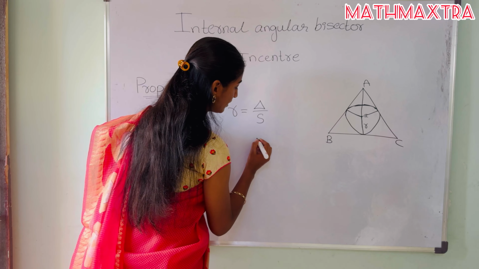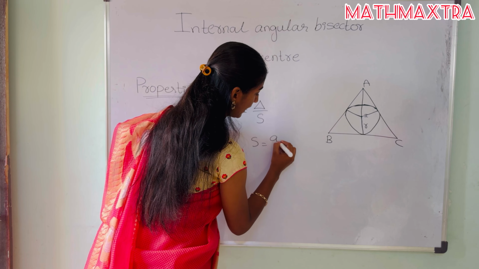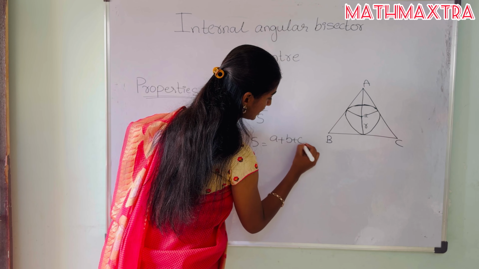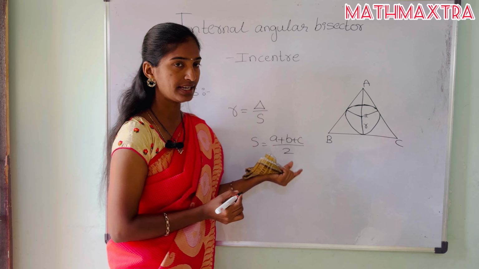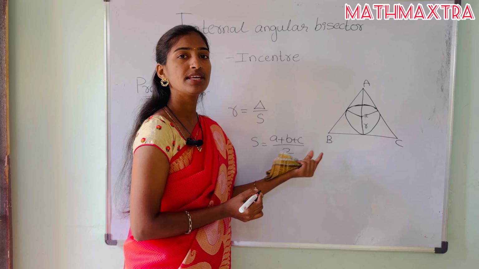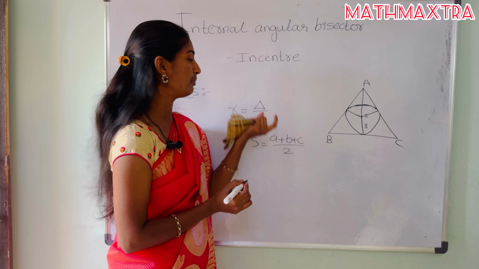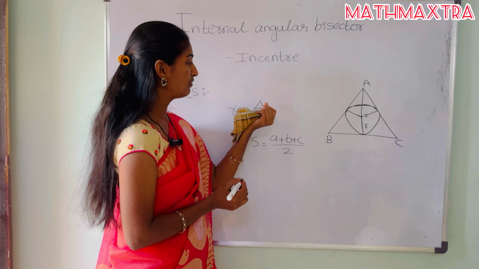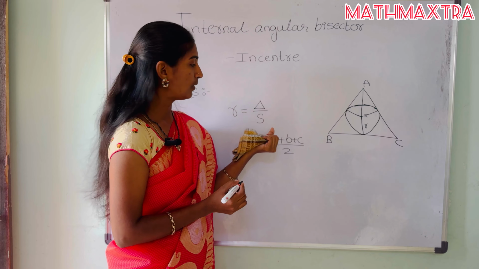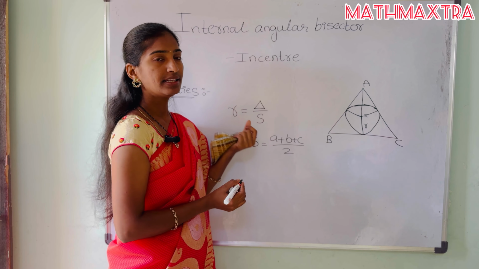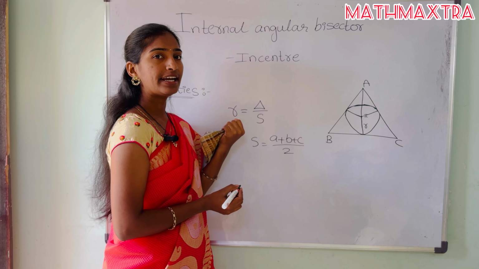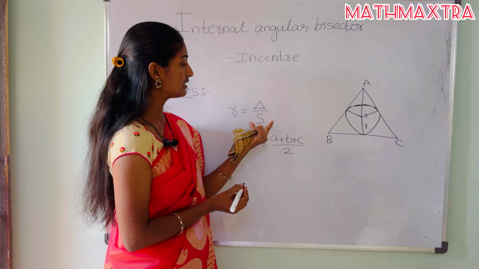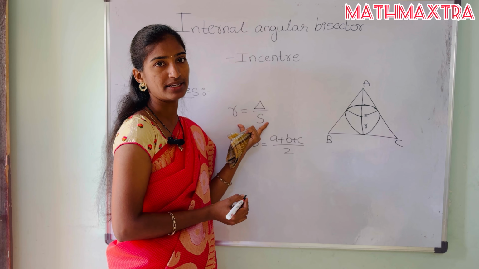So what is the semi-perimeter? s is a plus b plus c by 2. If a, b, c are sides of a triangle, then a plus b plus c by 2 is the semi-perimeter of a triangle. So if we know the area and all three sides of a triangle, then we can easily find the inradius of a triangle. This is for all types of triangles.